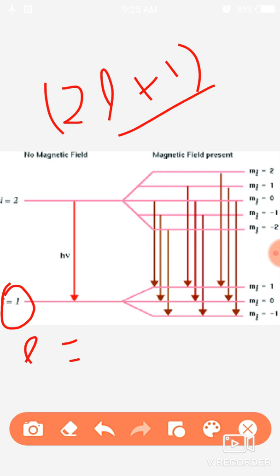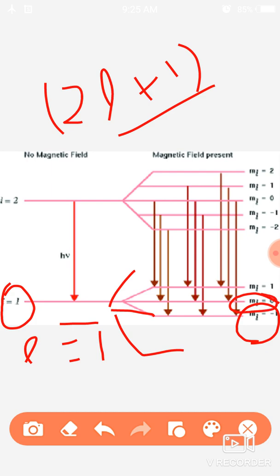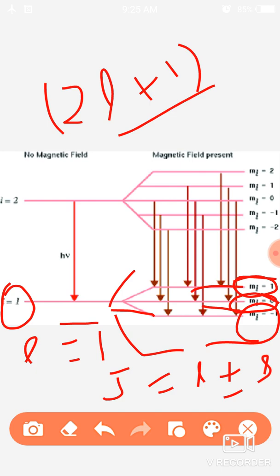Here we can see that for L equal to 1, each line is split into 3 energy levels: J equal to minus 1, 0, and plus 1. J is always L plus or minus S. By this coupling configuration we can find the value of the total quantum number J.